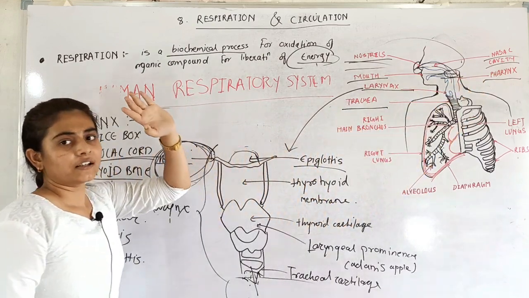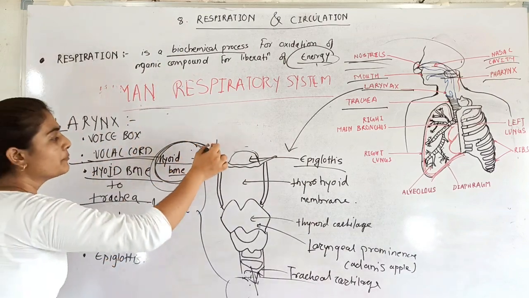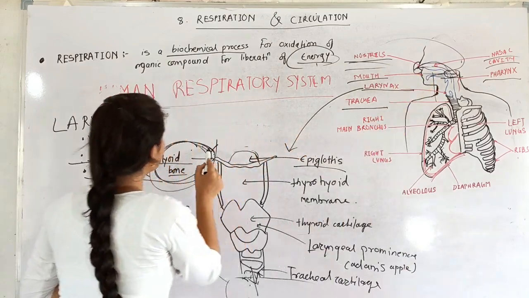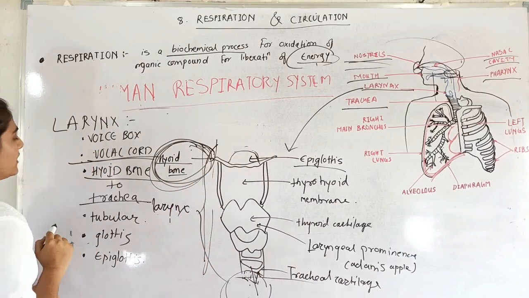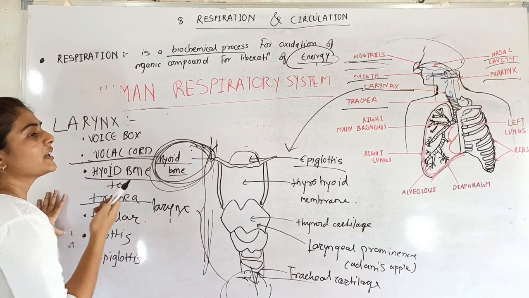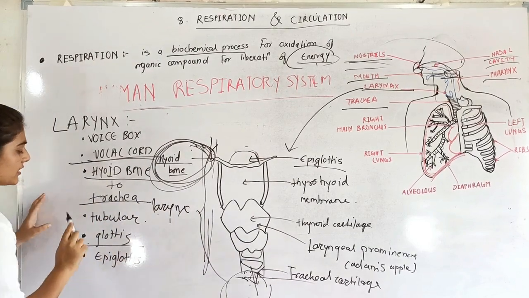So we discussed the pharynx first, then the larynx, the middle portion, which starts from the hyoid bone to the trachea, and it is tubular in form. It is present in the neck section. Then it has the glottis.